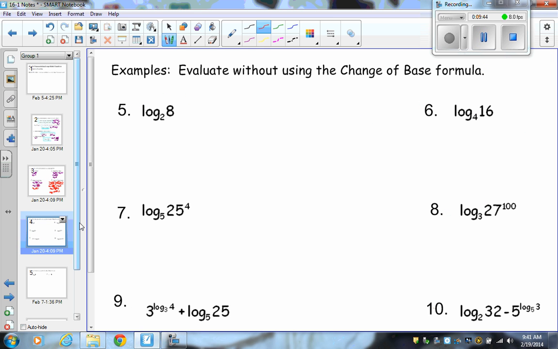Next set of examples says to evaluate without using the change of base formulas, which means we really want to be focusing on our inverse properties. So we have the log base 2 of 8. So I'm going to think to myself, 8 is 2 to what power?